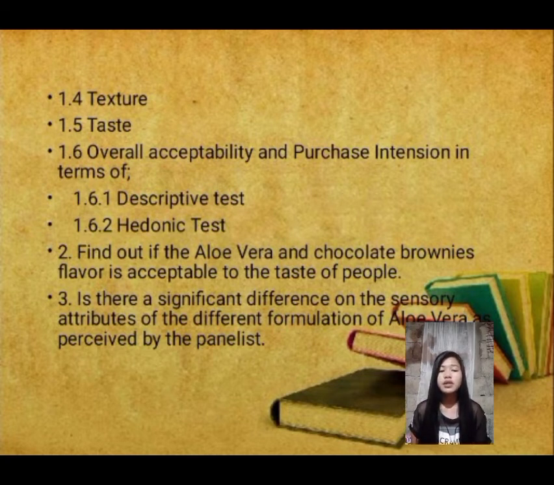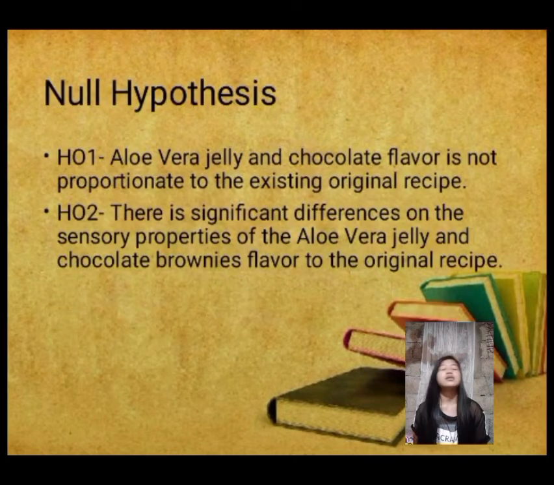Second, to find out if the aloe vera and chocolate brownies flavor is acceptable to the taste of the people. And third, whether there is a significant difference in the sensory attributes of the different formulations of aloe vera as perceived by the panelists.